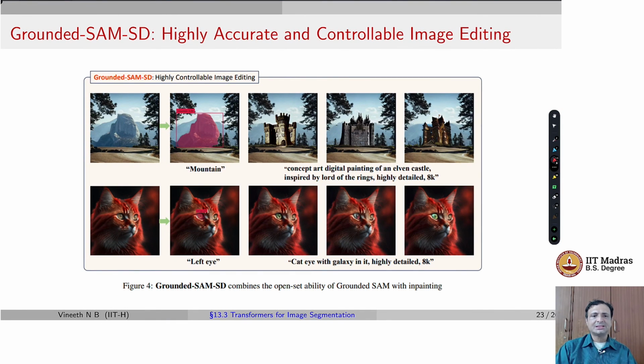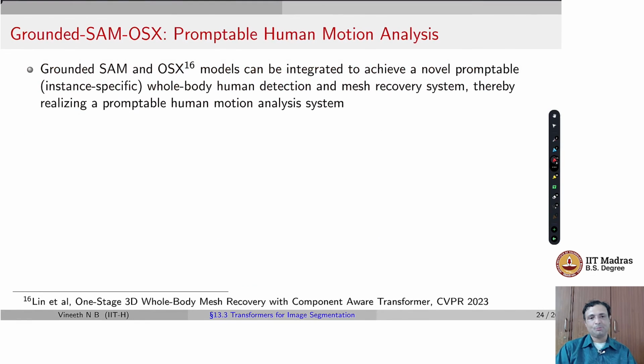Here are a few results where Grounded SAM is used first of all for detecting the mountain in the scene, and now changing that scene to introduce a concept art digital painting of an elven castle, it now places the castle on the same image by replacing the mountain. Once again, many impressive results in the paper. I'd highly recommend you look at the paper for more of these results too.